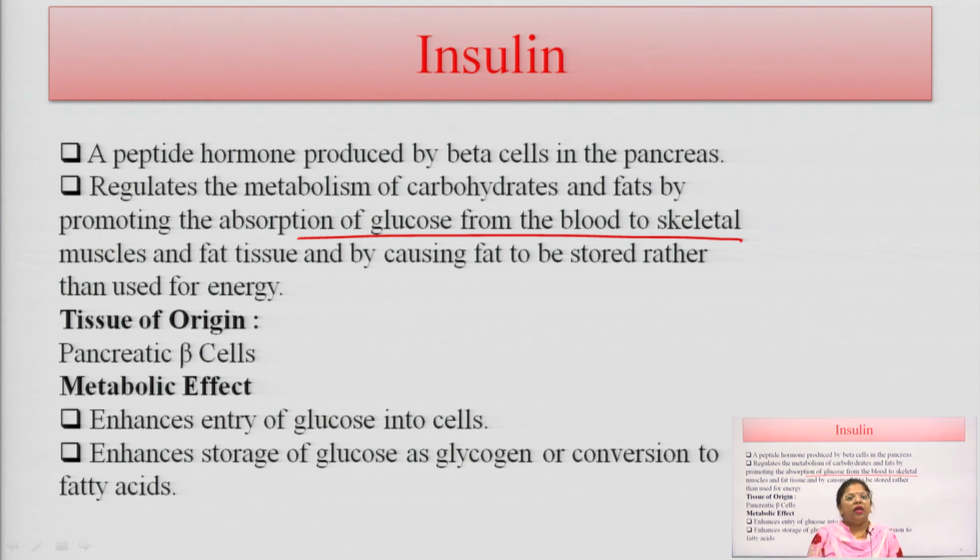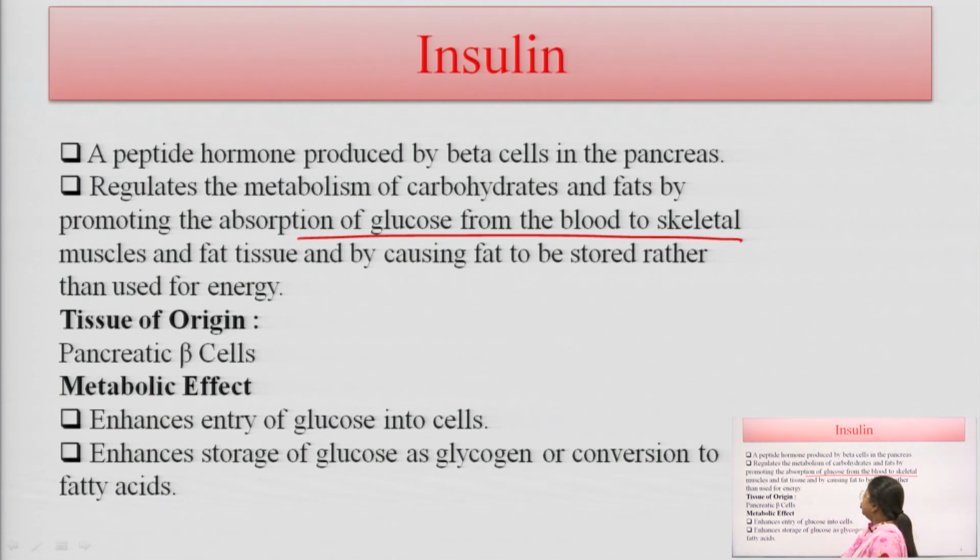So, the main purpose of this insulin hormone is to regulate the level of blood glucose, and that is why it promotes the storage of fat in comparison to glucose here.